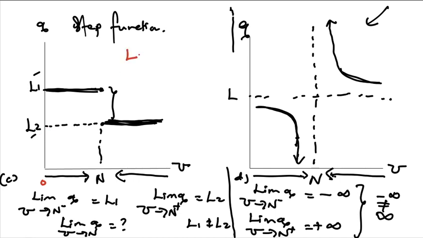And very obviously, L1 is not equal to L2, isn't it? Therefore, the limit doesn't exist here because from left and right of n, it doesn't give you the same answer for the limit. When the limit doesn't exist, this violates the condition of continuity in the first place.